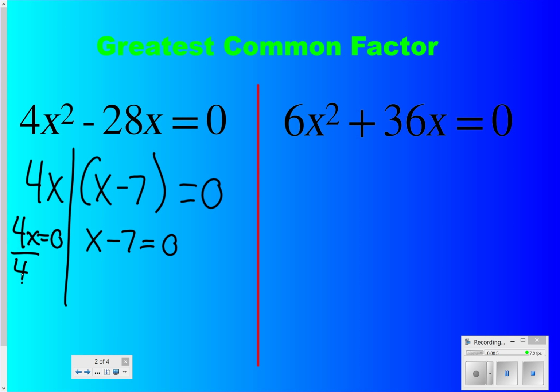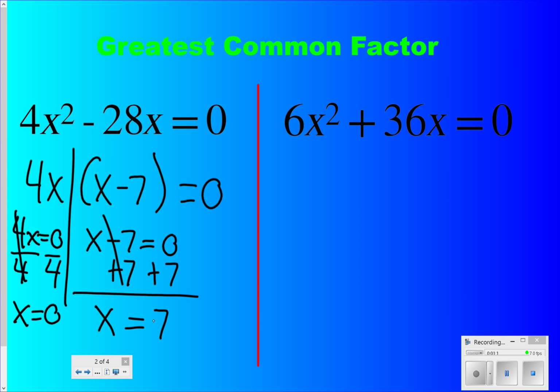Then you're going to use inverse operations to solve for the variable, and you're going to have x equals 0, and on this side you're going to add 7, and that's going to cancel out, and add 7 again, and then you're going to have x is equal to positive 7, and these are going to be your two answers for the value of x.